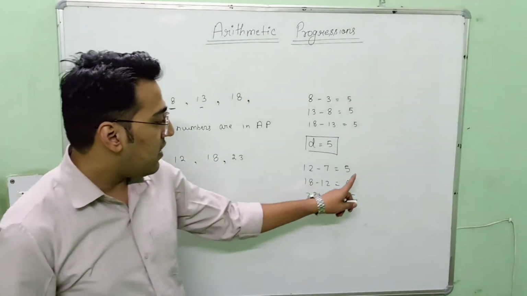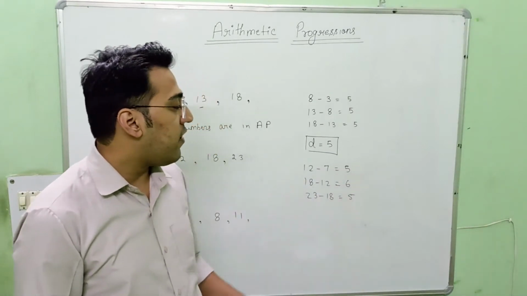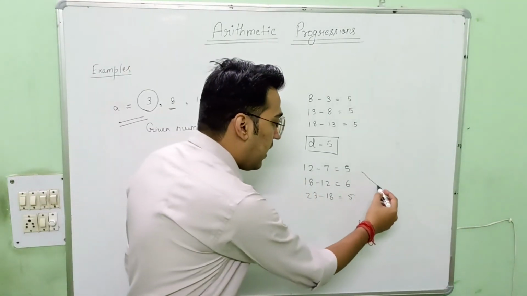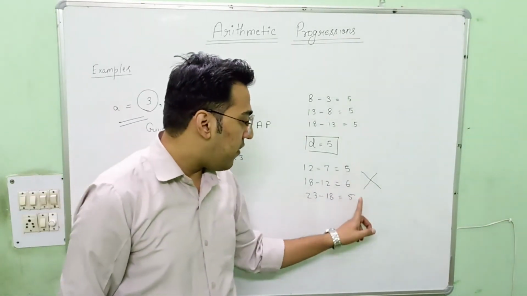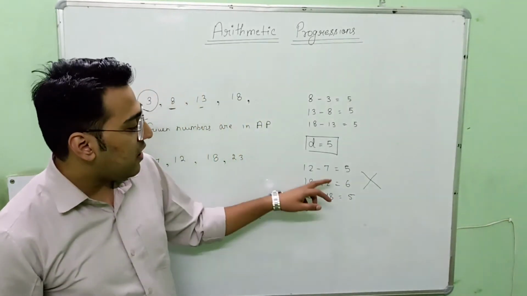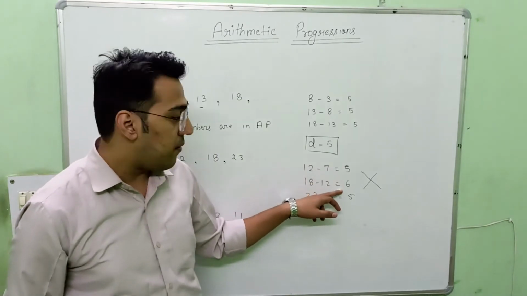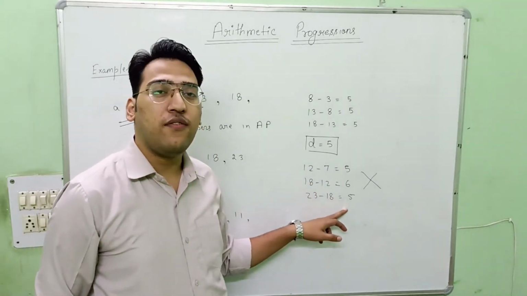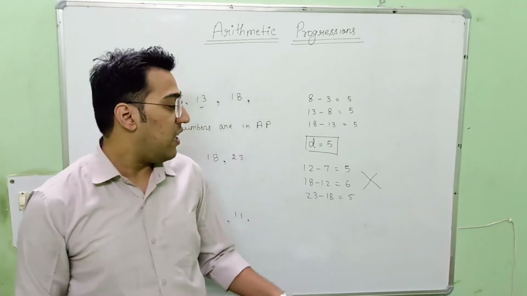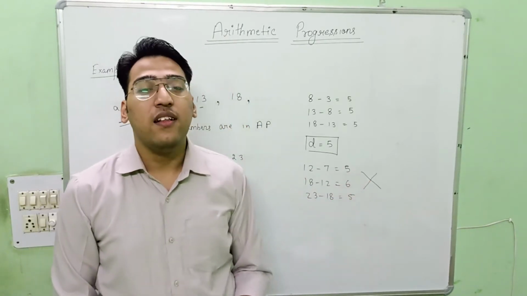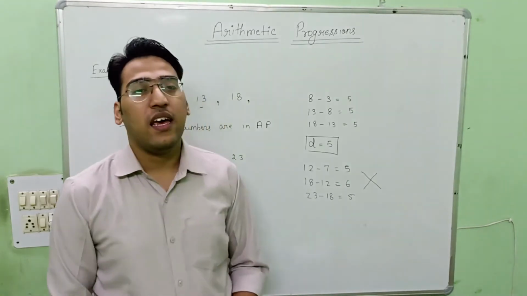So clearly we can see the common difference is not the same. There is 5, there is 6, and last there is also 5. If it were 5, 5, 5, then we could say it is AP.